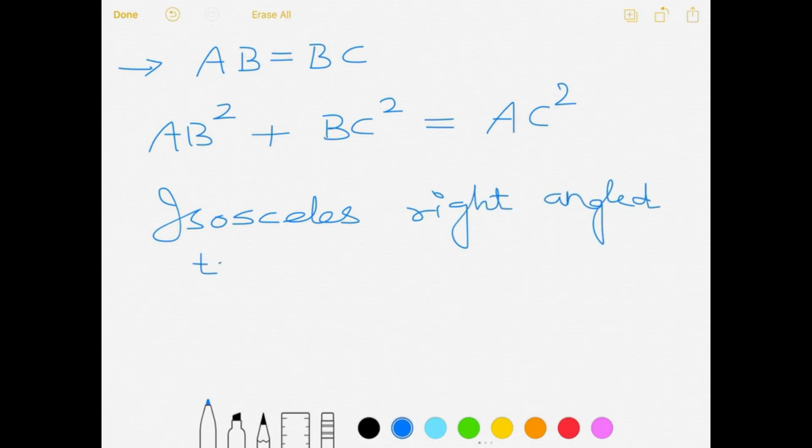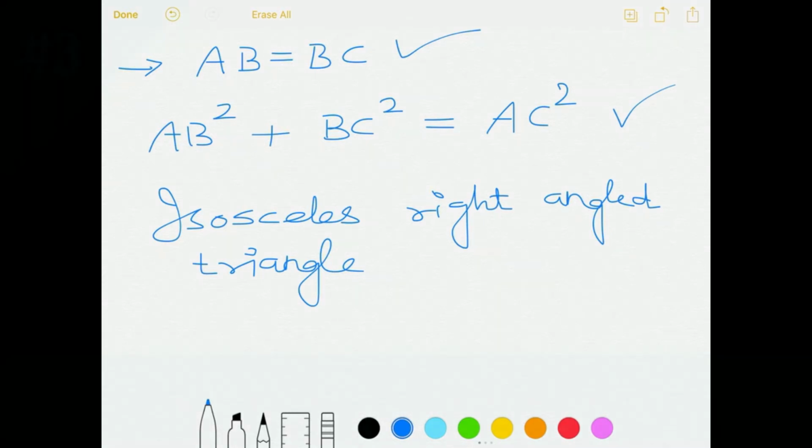As the two sides are equal, it is an isosceles triangle, as well as it follows the Pythagoras theorem, that is why it is an isosceles right-angled triangle.